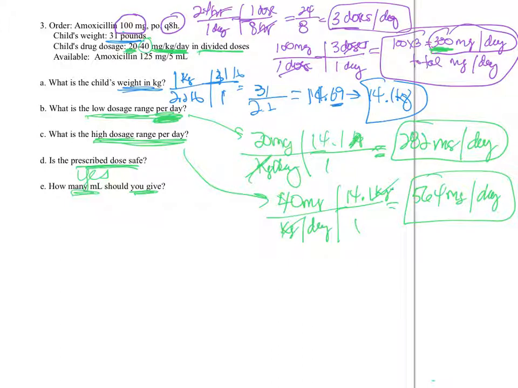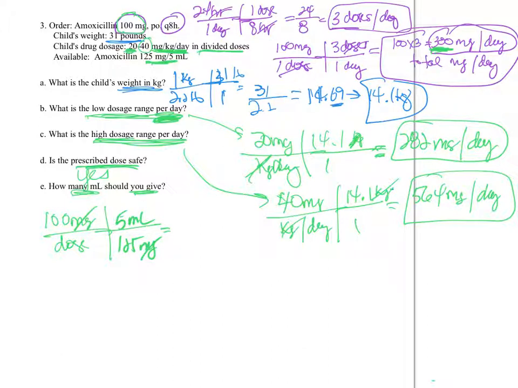So now let's calculate how many milliliters we should give. We have 100 milligrams per dose, right? And we have what we've been given. We're going to multiply 100 times 5, and this is just 1 times 125.